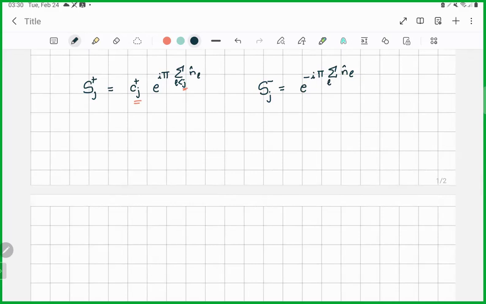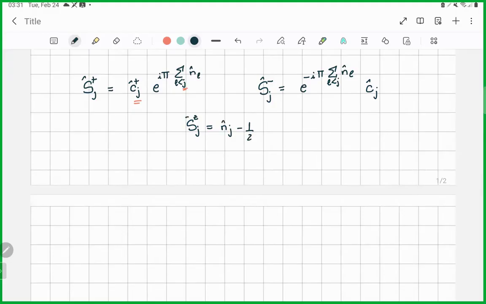So again, this L is smaller than J, and here comes our annihilation operator. And if you want to be very careful, you can go on putting hats everywhere. Well, and there is one more spin operator to care about, which is the Z. And the Z is mapped into the number operator with a constant.